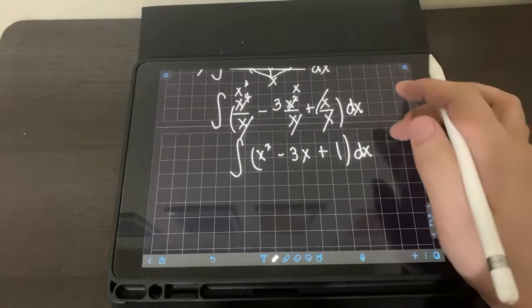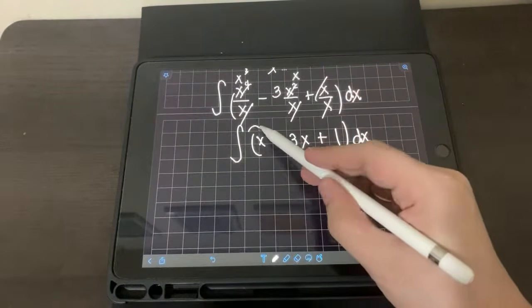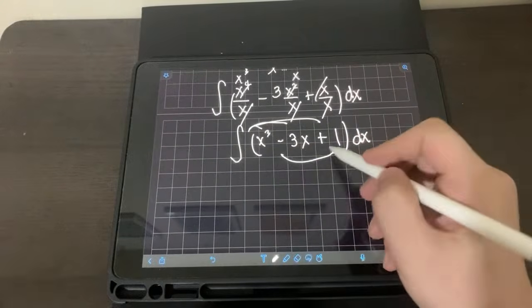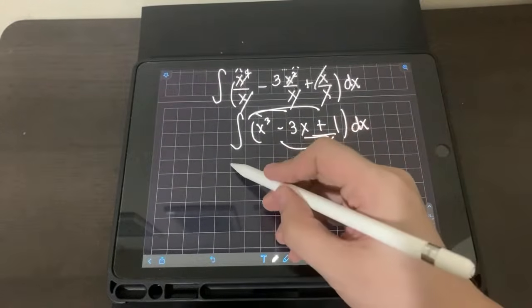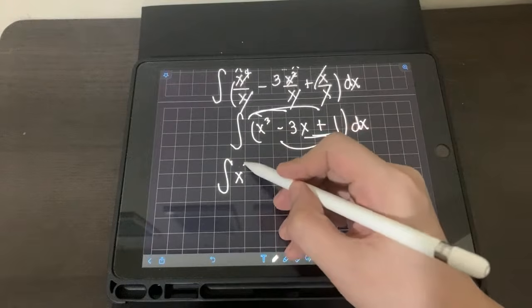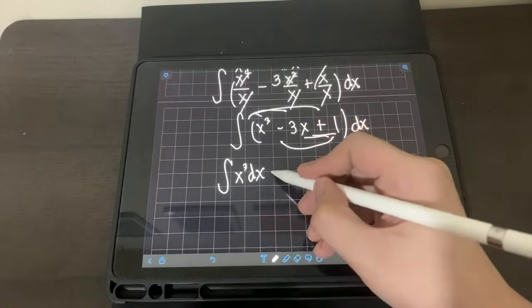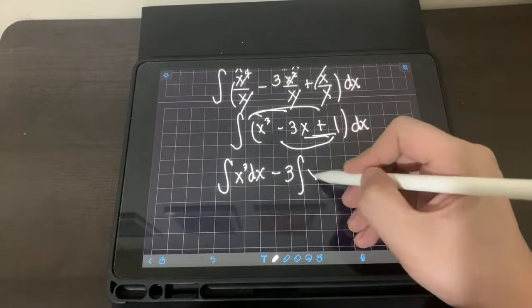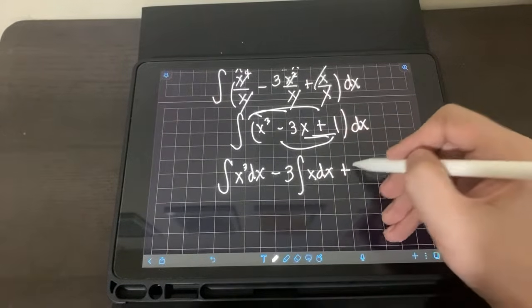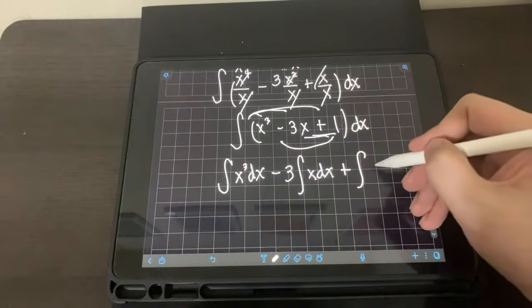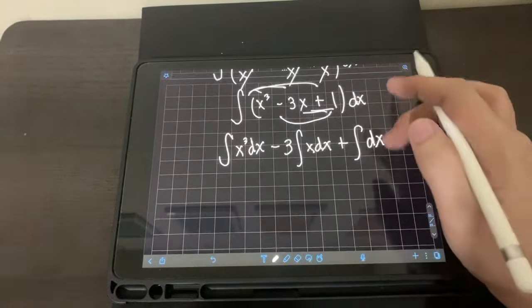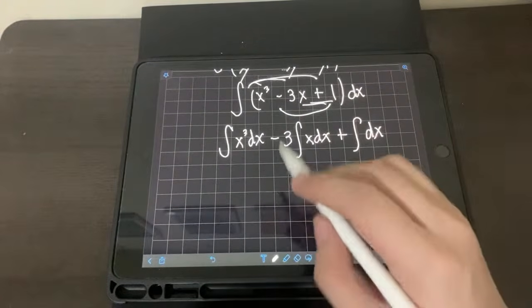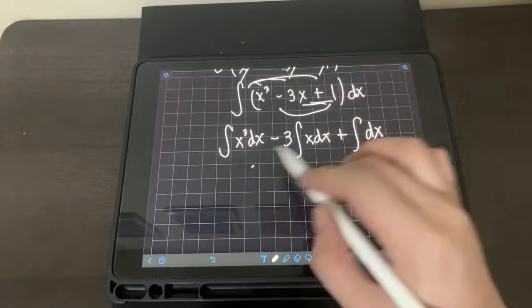Okay? And then, distribute the integral symbol so that we can integrate term by term. So, we have integral of x cubed dx minus 3, constant, igigilid nyo, integral of x dx plus 1, or simply integral of dx. So, we can apply power rule to every term.